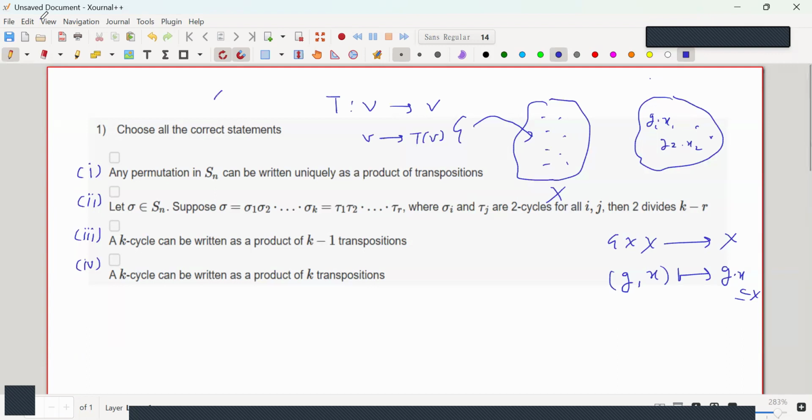The group action is just: you take the set of all invertible transformations and act it on the vector space, and the action is sending T, v to T of v, which is T acting on v. So this is also a group action. Basically, you have a group which is just doing some rearrangements in the elements of the set X.